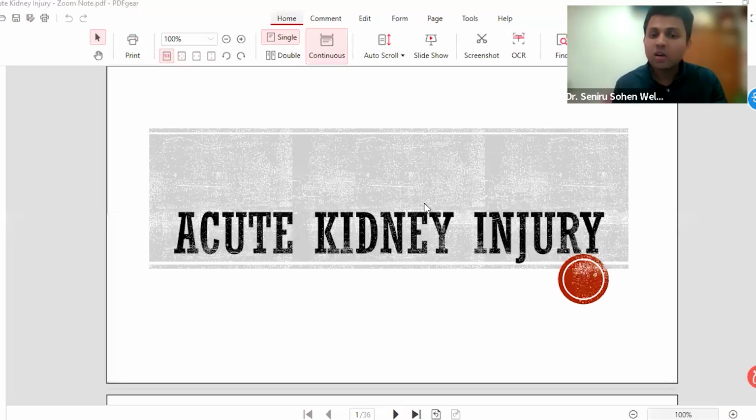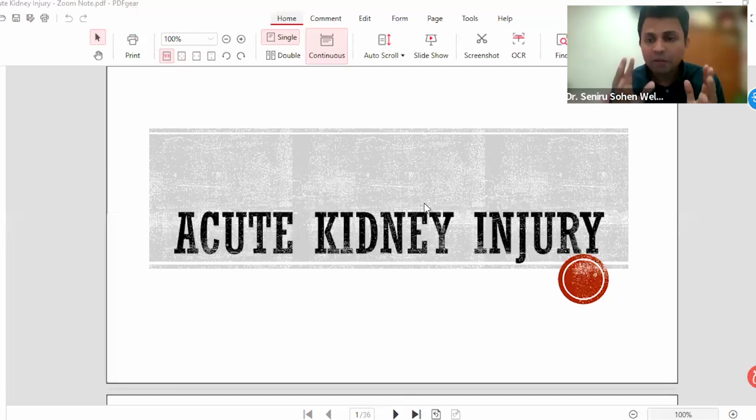Stage 3 AKI also has some serum creatinine criteria. If the creatinine goes above 4, if the creatinine goes 3 times above the baseline, or if you need to initiate renal replacement therapy in patients with AKI, then patients will fall into stage 3 AKI. So you see, there are different criteria for each stage, but whenever we classify patients with AKI, if they have one of the features matching the highest stage, we would classify them as that stage.